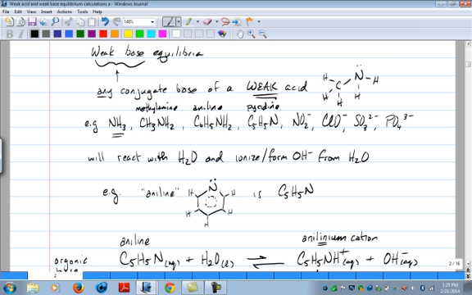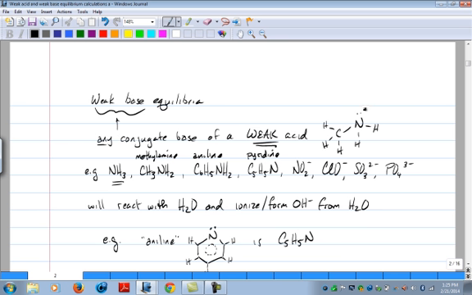And in water, about 3 out of every 100 of these molecules at equilibrium will have attracted away from water the hydrogen nucleus, or the proton, or the H plus ion, thereby causing this bond to break and the NH covalent bond to form, thereby generating hydroxide. And in this case, from methylamine, we call the cation methylammonium, the conjugate acid of methylamine.